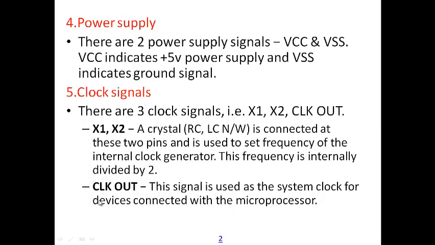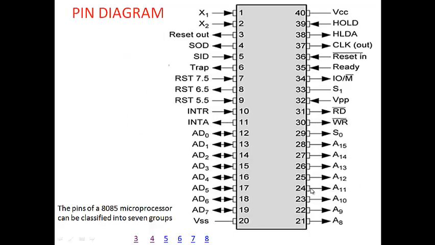The next pin is clock out. You can see it clearly here, clock out is a pin, and there are 2 pins across which you have to connect the crystal, which are pin number 1 and pin number 2. We connect high frequency crystals, as I told you, a 6 MHz.